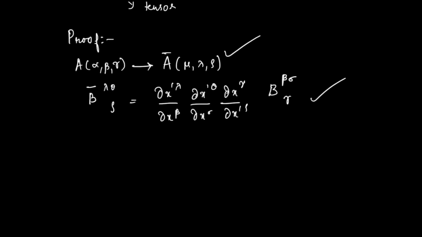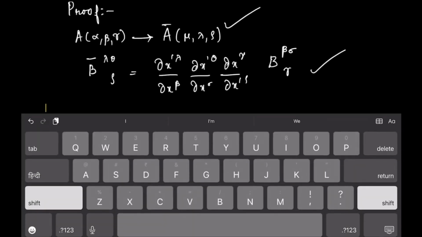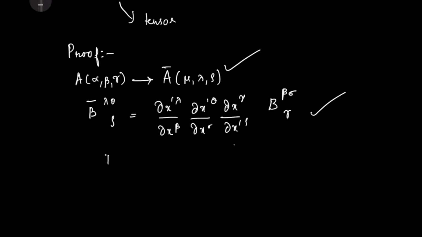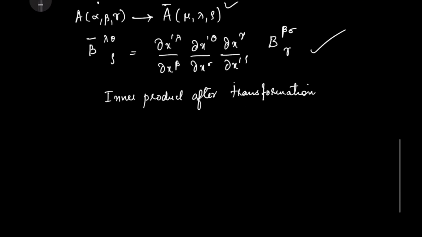Now I have to multiply. After transformation, I am going to take the inner product. So the inner product after transformation will be multiplied by theta rho, right?